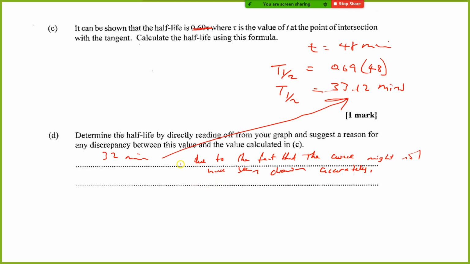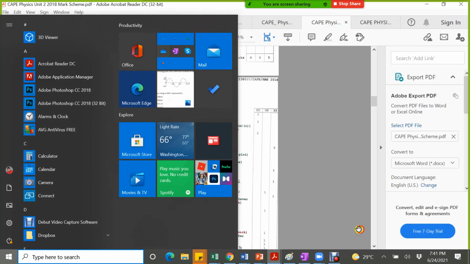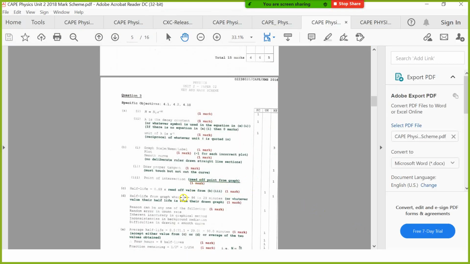We could say that, let me see what they have here.